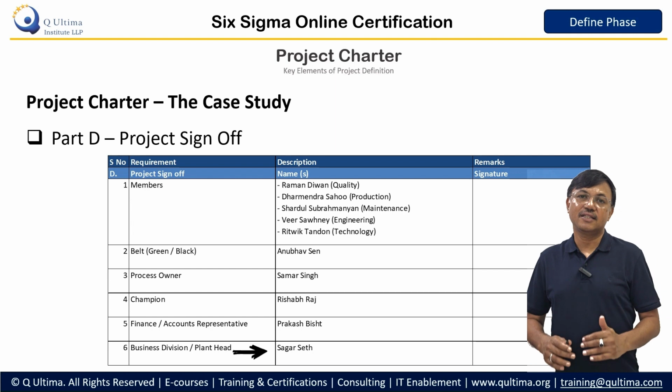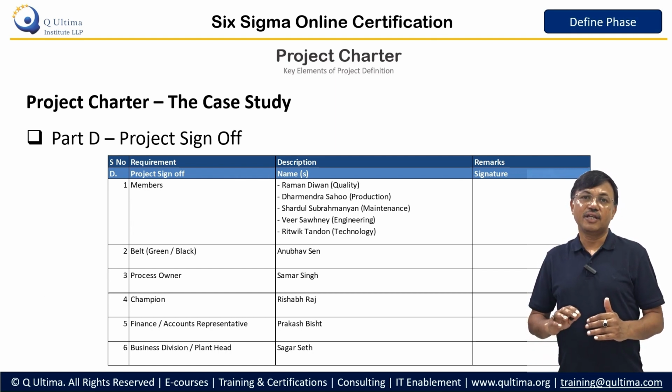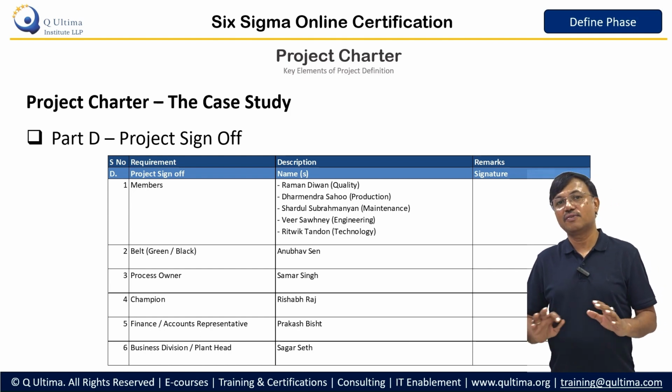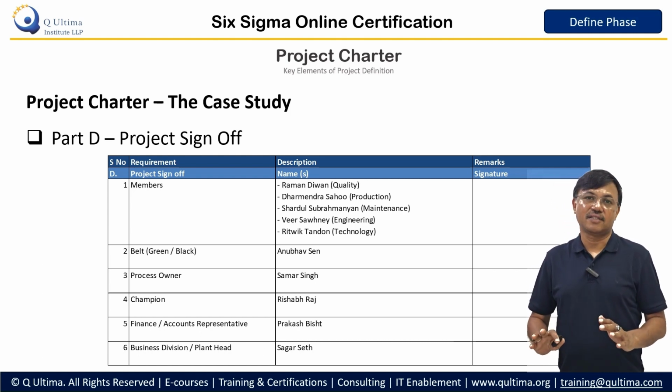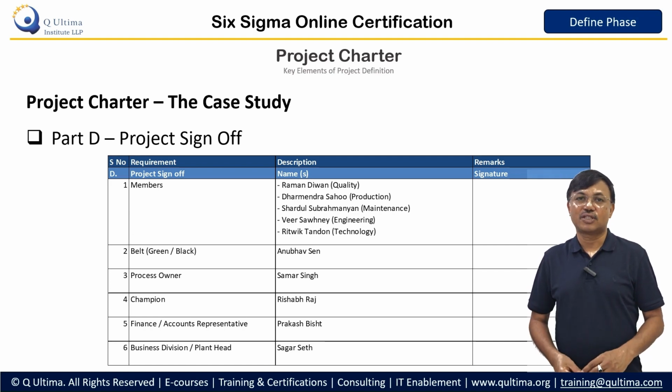Finally, the sign off is also taken from the business unit head if the champion is different from the business unit head, otherwise only champion signature suffices. This overall completes the charter, and we have seen how critical the charter is for success of the project.